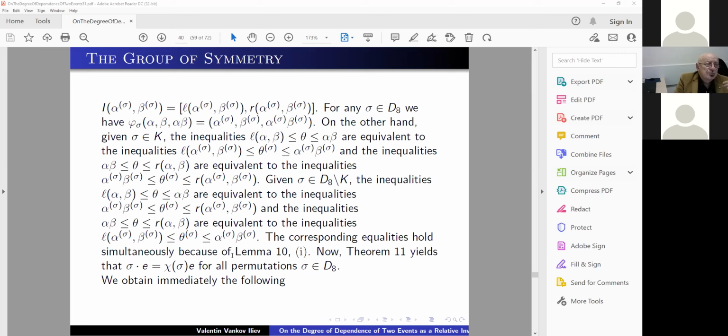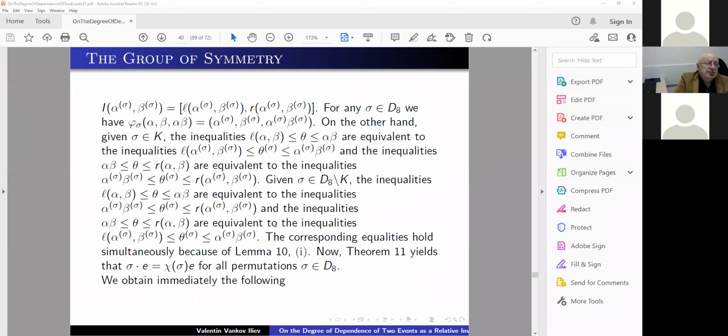We are using those properties to show that indeed sigma dot E is equal to chi of sigma times E, for all permutations sigma in D8, the dihedral group of order 8. And this means E is a relative invariant with weight chi of the dihedral group D8.